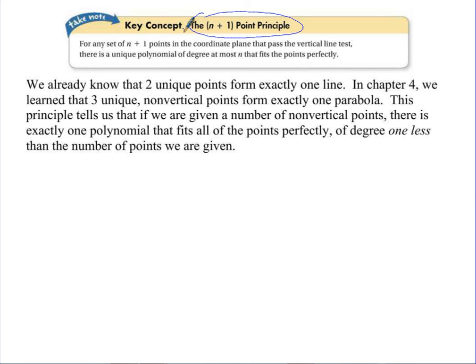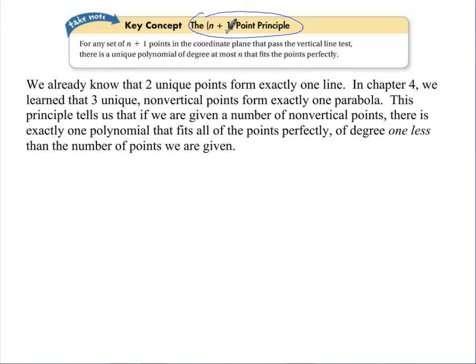A linear function is a first degree function, and I need 2 points to draw a line. A quadratic function, a second degree function, graphs a parabola. How many points did I need there? 3. So a second degree function needs 3 points. For a cubic function, how many points do I need? I need 4.